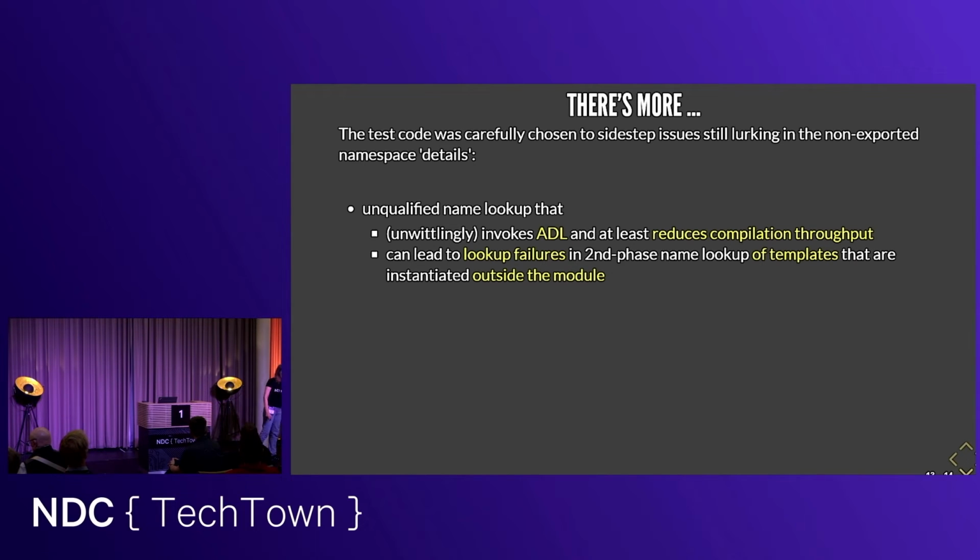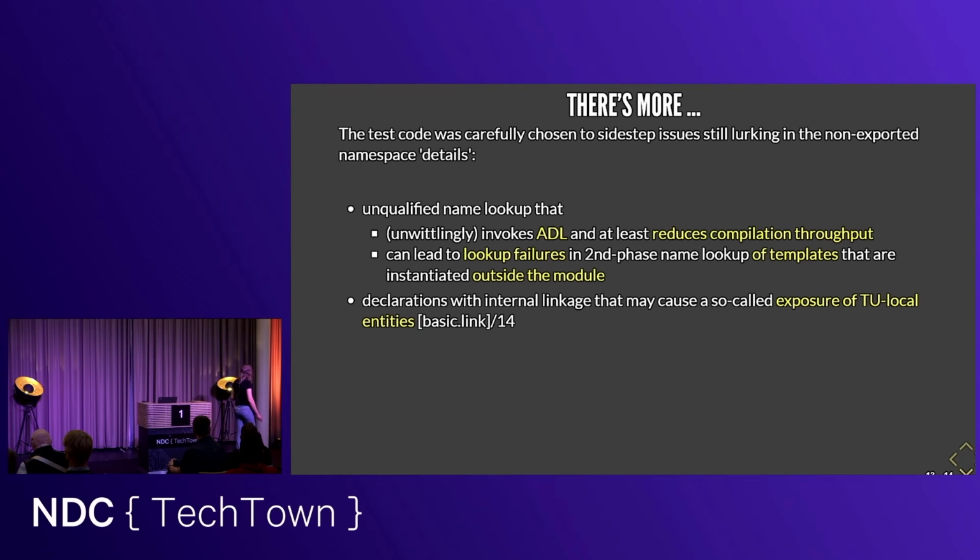But here, it can also cause lookup failures because many entities that are not exported are not available to name lookup, in particular the second phase name lookup. So this can become problematic if you run into ADL with your templates that you export.